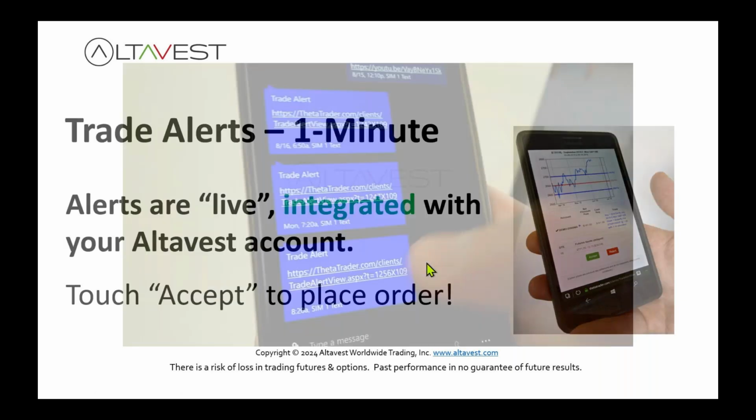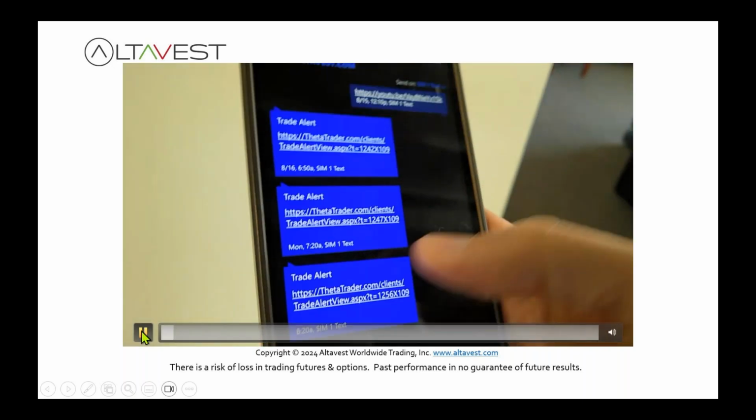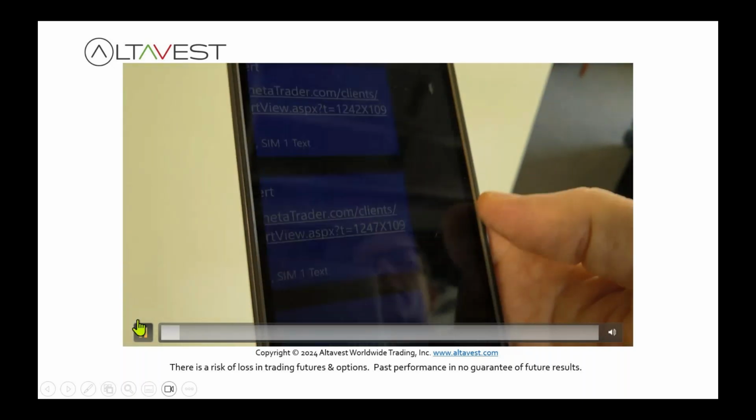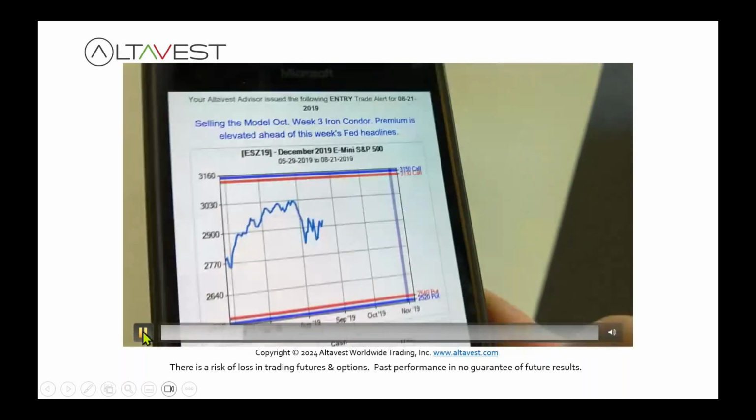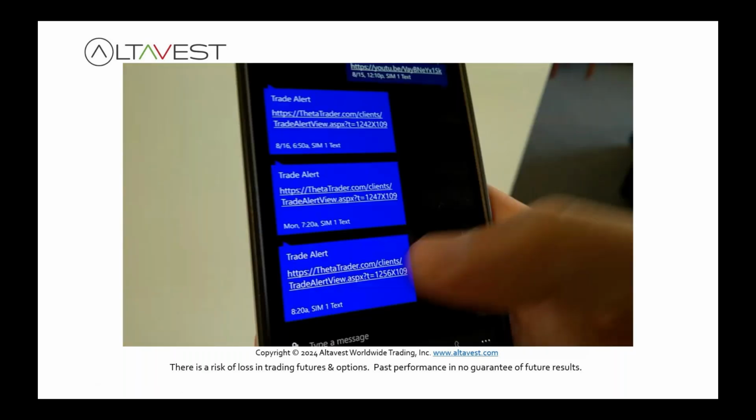And here's an example. You can see you'll get a little note on what the trade is. You'll see a graph. I should probably have a newer updated example, but it looks similar, though we do have some new features.